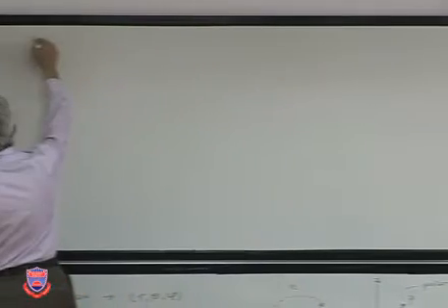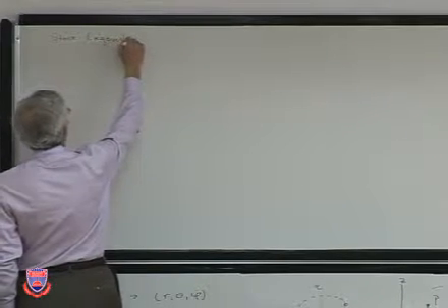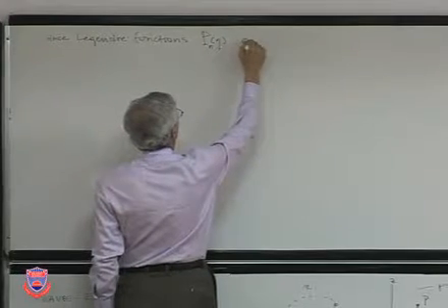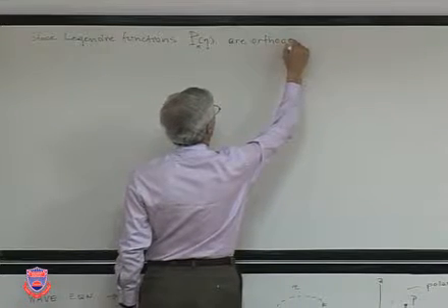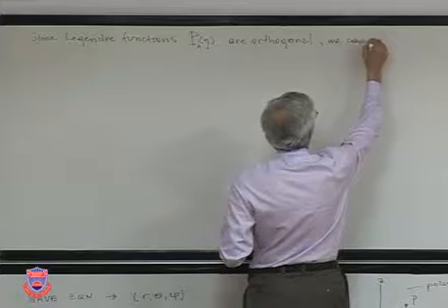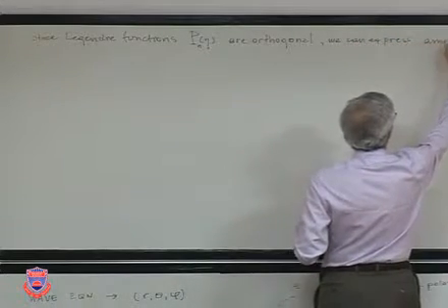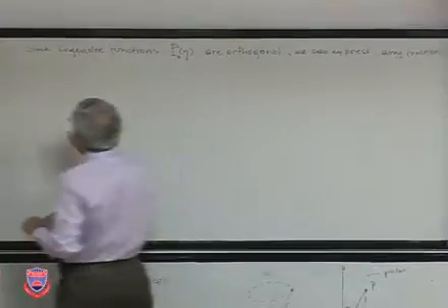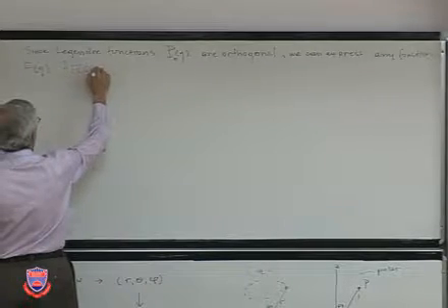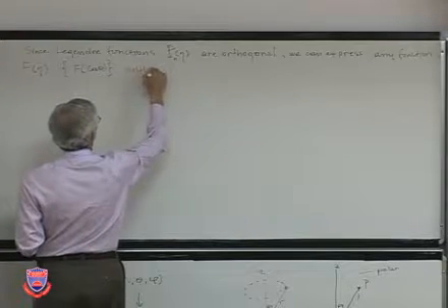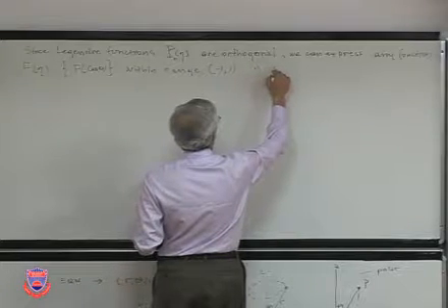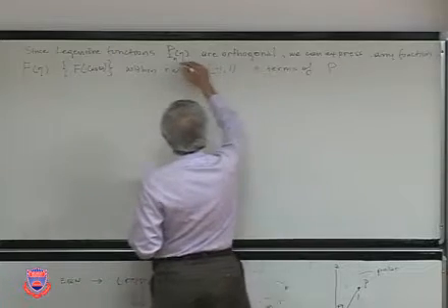So since Legendre functions are orthogonal, we can express any function f(eta), or f(cosine theta), within the range minus 1 to 1, in terms of... doesn't matter.